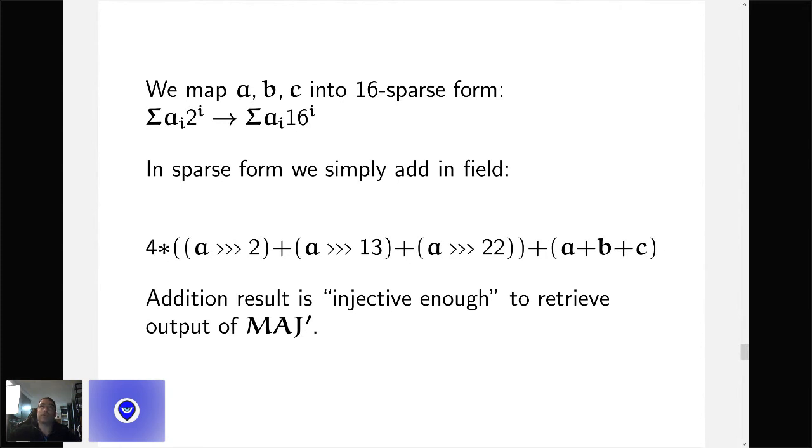But going back from the sparse form, the table size is 3 to the 11. That's a good catch. Cool, thank you. And I think I'll probably have a similar base mistake in the next slide.